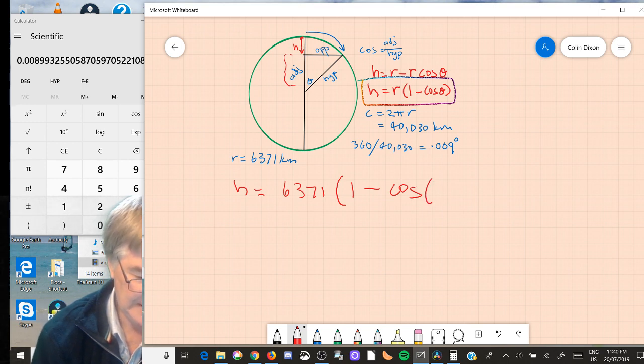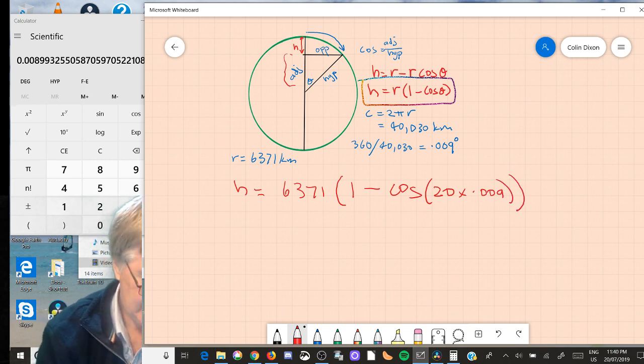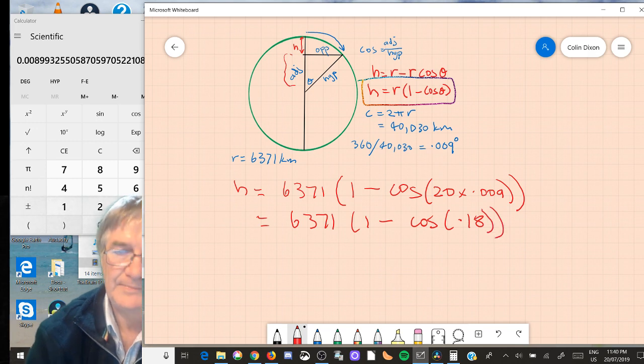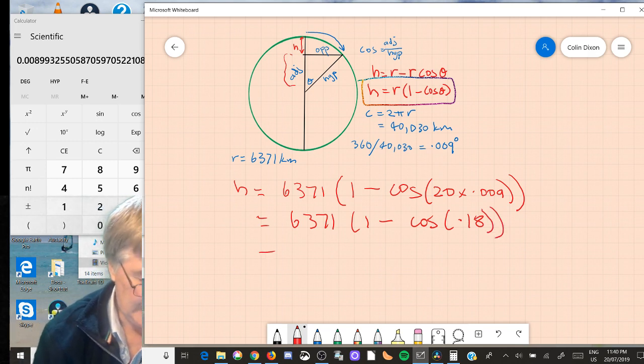Now the angle is 20 times 0.009, those brackets. So we don't need a calculator for all of that. We can now make that 6371 times 1 minus cos, and 20 times 0.009 is the cos of 0.18.